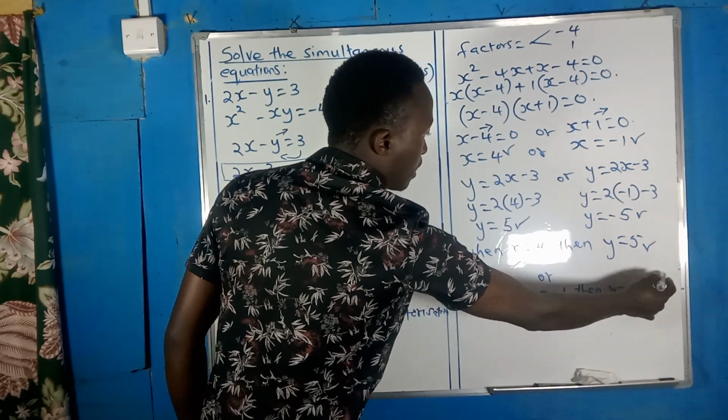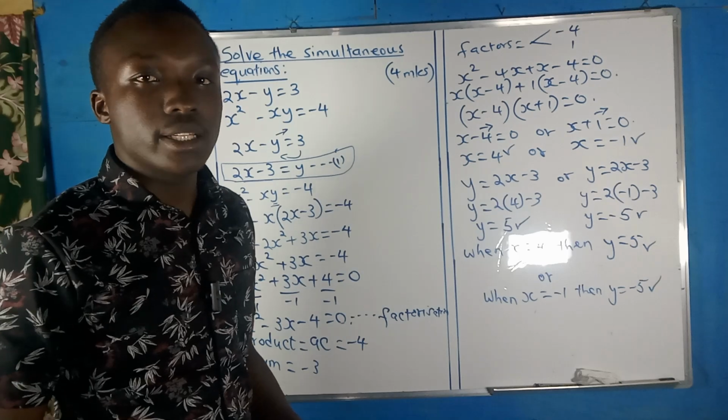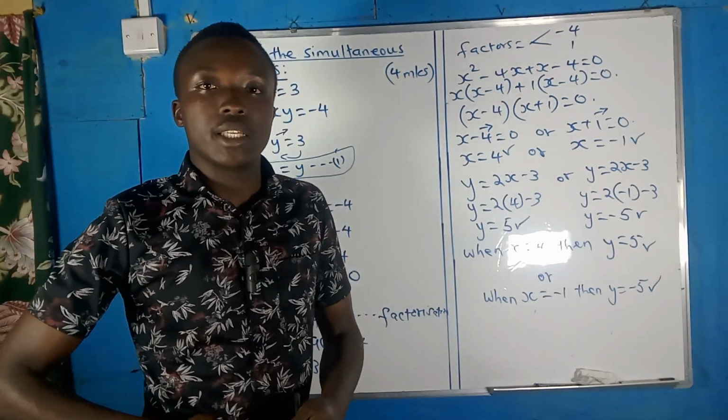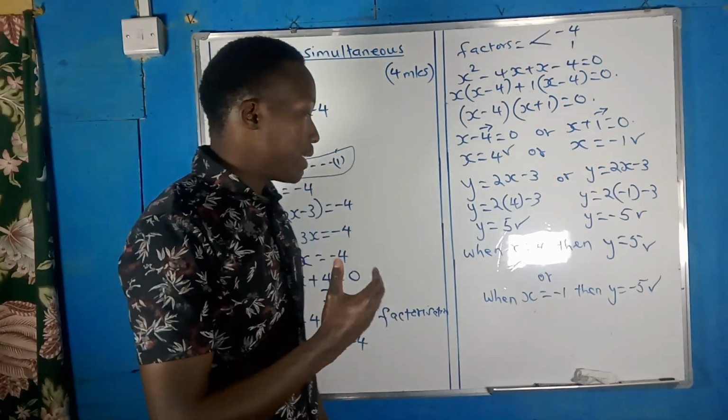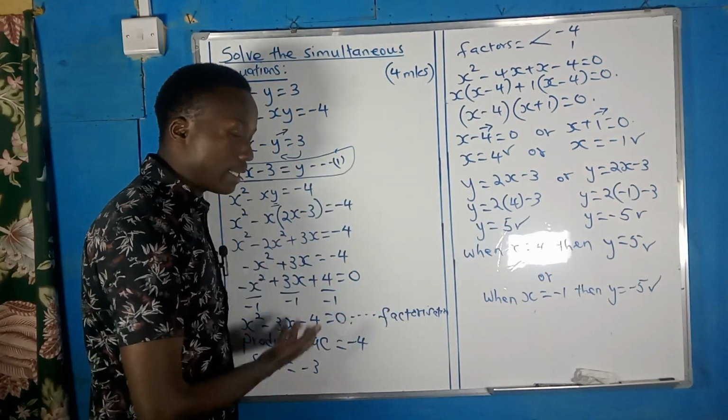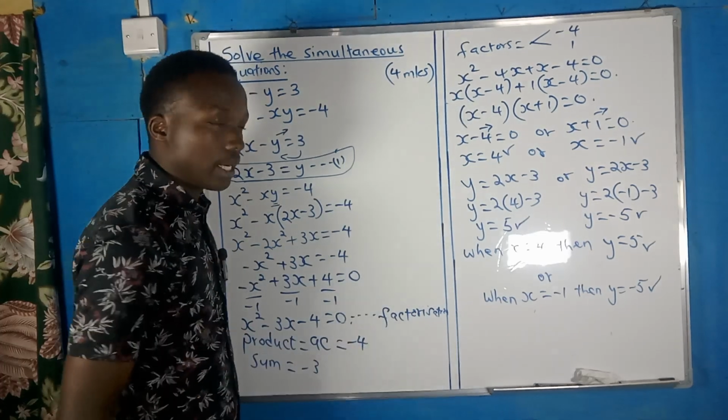And by doing that, we are done. And that is how we solve this type of simultaneous equation. As you see, in this simultaneous equation, we are still applying the concept of quadratic equations and how to solve quadratic equations.